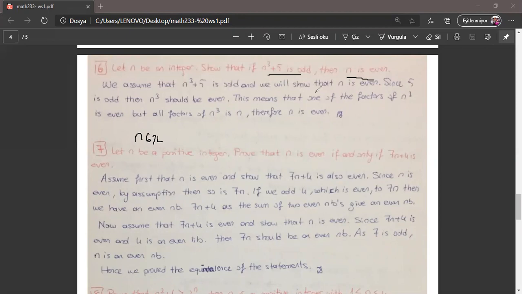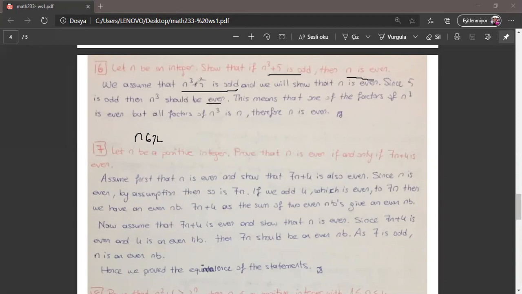Now what do we do? We need to show n is even. Now since 5 is odd, it's an odd number, and as this is odd, then n to the 3 should be even, right? So its factors should be even. One of its factors should be even. But we also know that any of its factors is n, so n should be even.